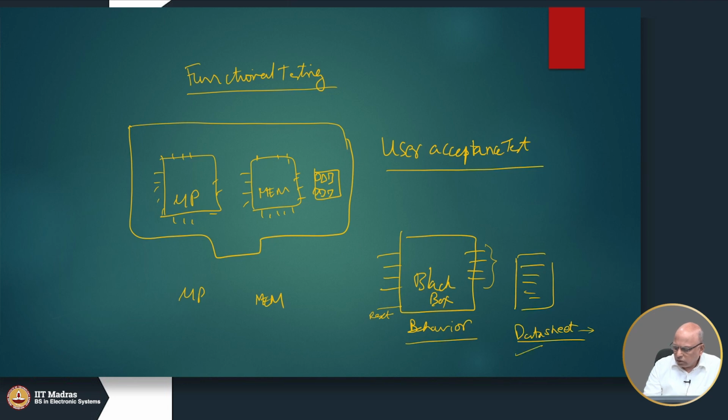It may be implementing some instruction pipeline. There may be all kinds of architectural things which are happening inside. You are not aware of all that, right? You are only aware of the functionality.